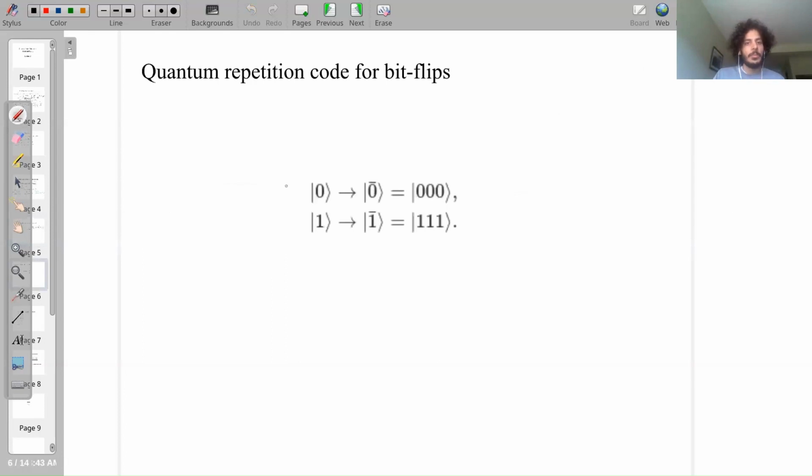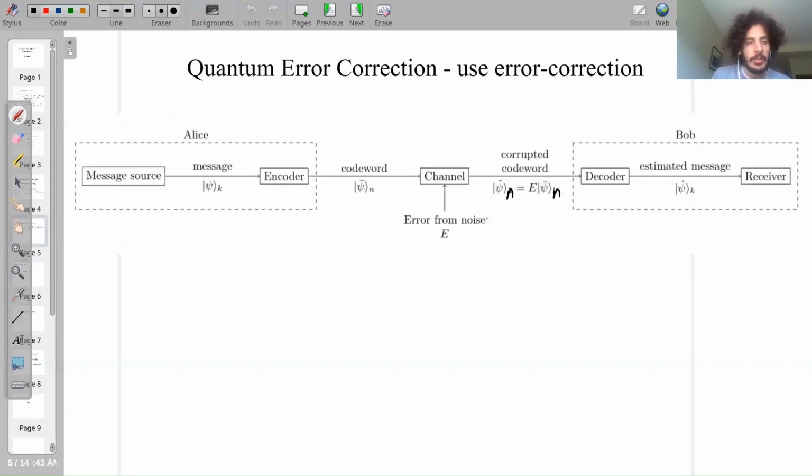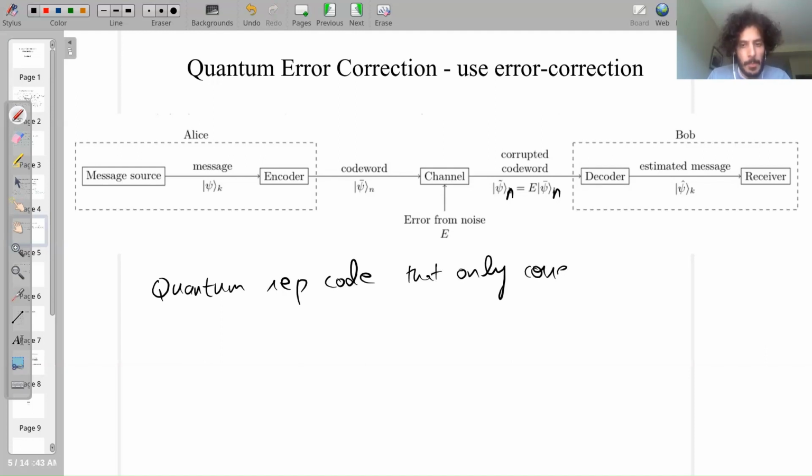Okay, so what we're going to do is study three different codes. We are going to study the quantum repetition code that only corrects X errors.